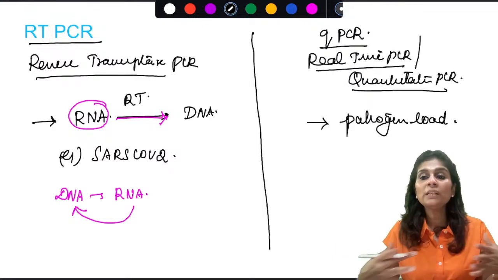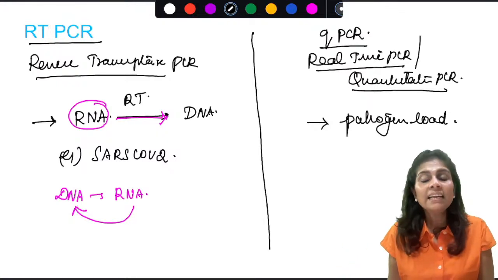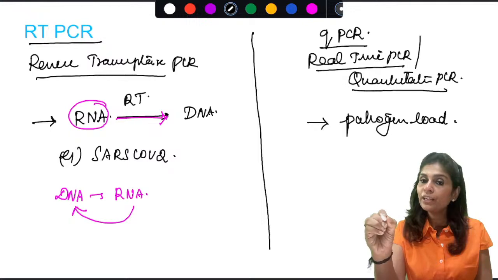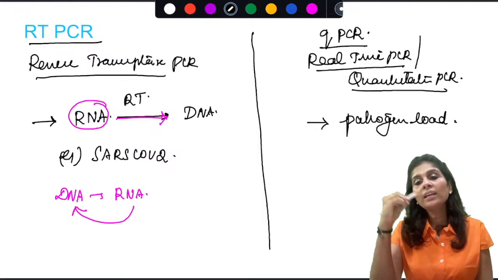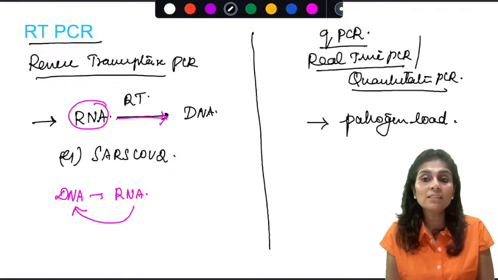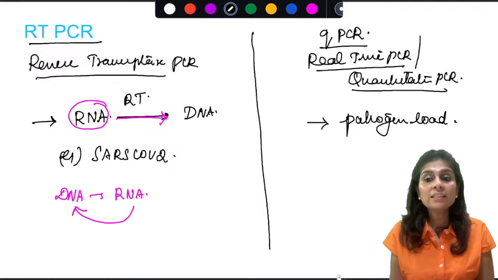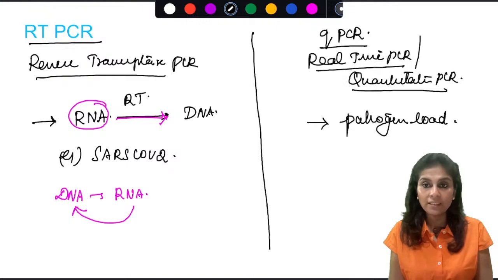It takes its own sweet time to do culture and sensitivity to quantify it, right? Instead, what you can do is quantify nucleic acids and correlate it with viral DNA or bacterial DNA or fungal DNA. That is the purpose of quantifying nucleic acid. That is done by real-time PCR or qPCR.